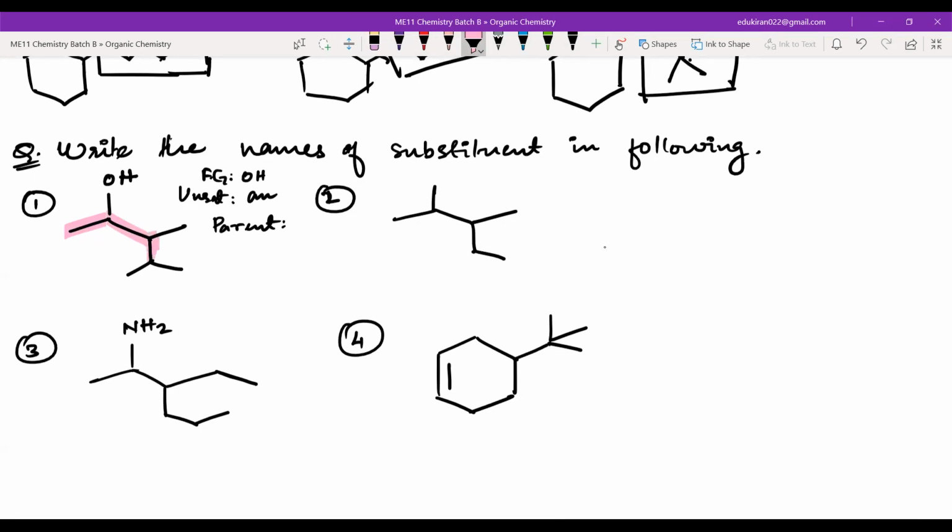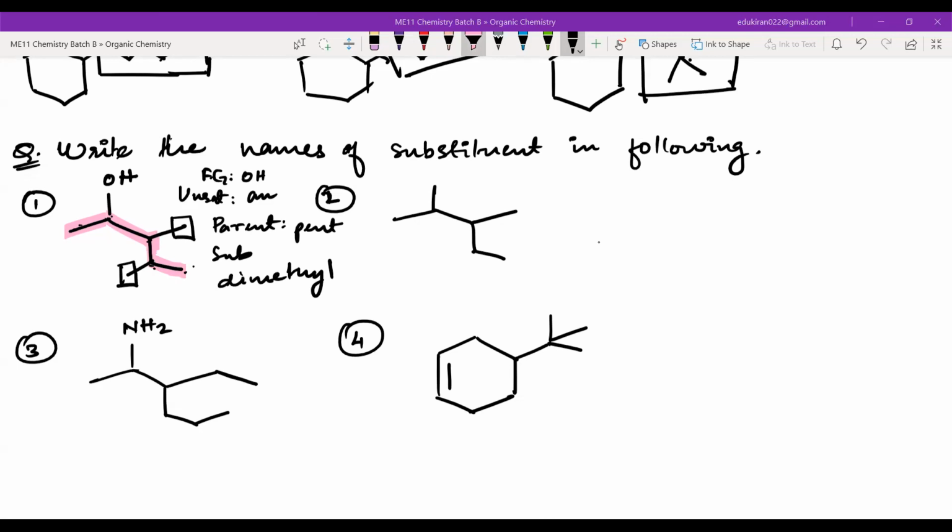Obviously down, because you have more carbon atoms down here. Then I have one methyl here and one methyl here. That is why the parent is 1, 2, 3, 4, 5, pent. Pent is the parent, and we have the substituent as dimethyl. Yes, correct, Umar.